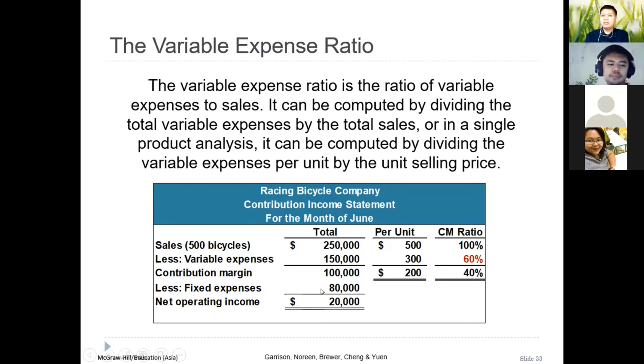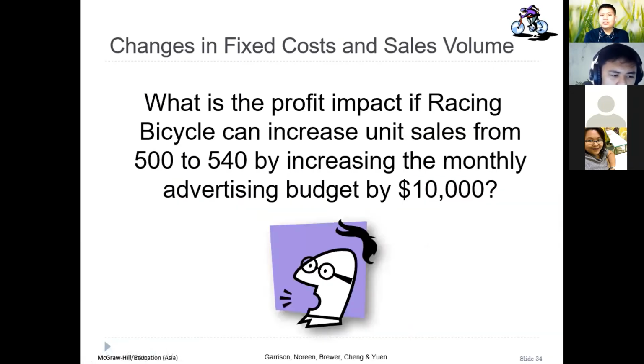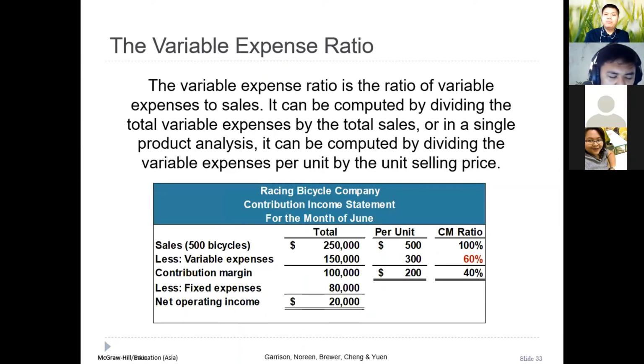So plus 20,000, it becomes what? 100,000. Next. Sabi rin dito, sales will increase by 40. So that is 540 multiplied by 500, and then 540 multiplied by 300. And you have the answer.